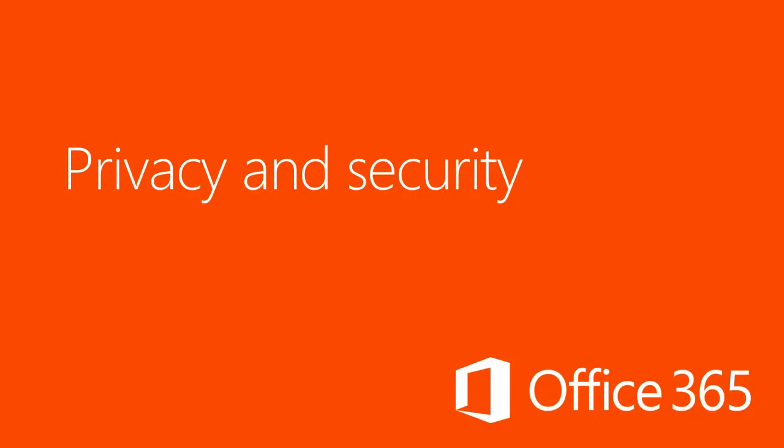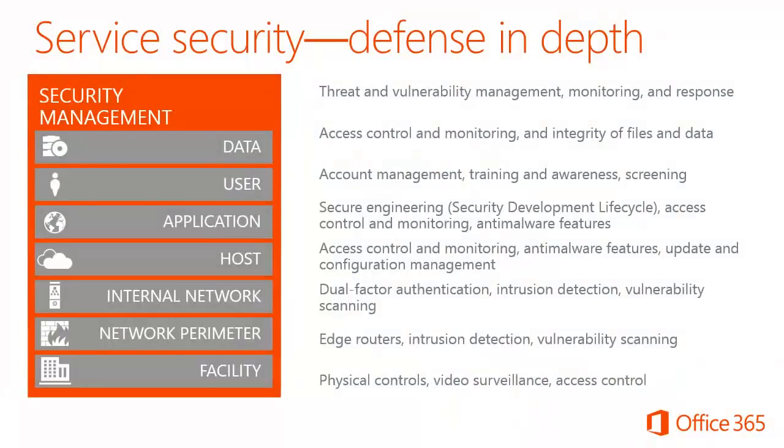Privacy and security. When your company decides to move its data and information to the cloud, it is important to understand how Microsoft will protect this kind of information. As you can see in the table in front of you, Microsoft implements different ways to protect your data. We are talking about logical protection, host protection, network protection, but also facility protection.